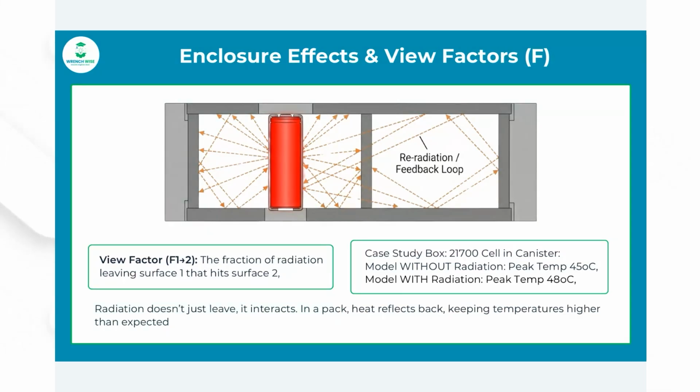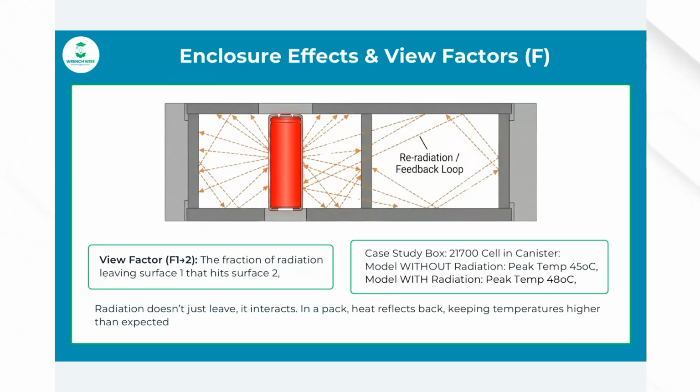So the essential question here is: is the few degrees of temperature difference between a simple P1 radiation model and a very good model of radiation actually worth the extra computational effort? Well, ignoring these enclosure effects caused a 7 degrees Celsius prediction error.